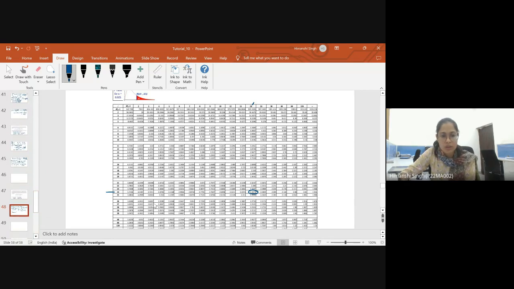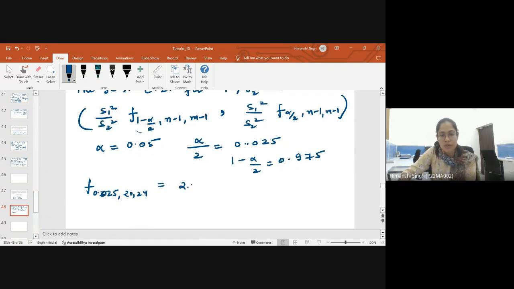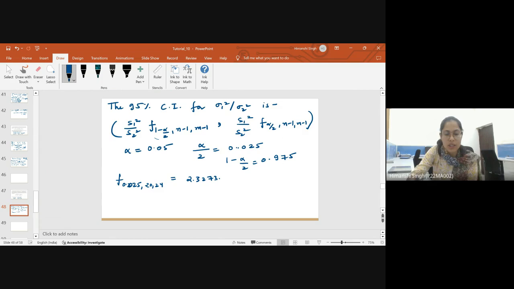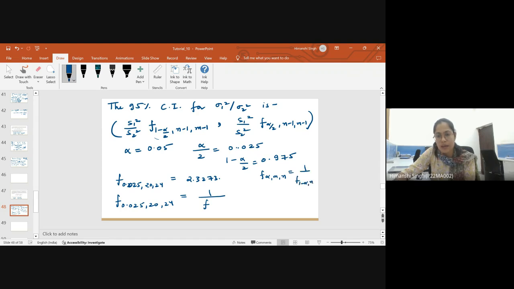So this is 2.3273. But I do not have the table for the other one. If I do not have the table, I can directly calculate it by using this value, because we know the relation that F of alpha, m comma n is equal to 1 upon F of 1 minus alpha, n comma m.